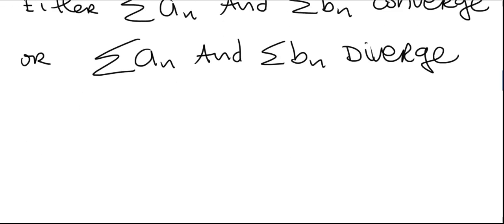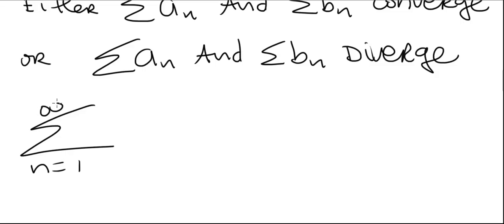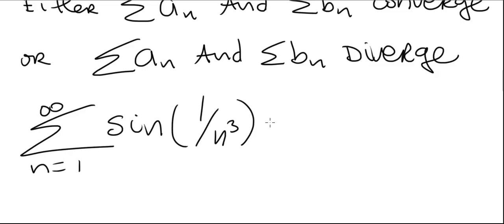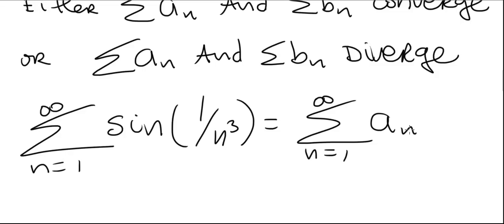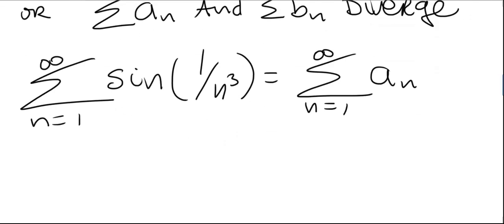So now we'll take the series n equals 1 to infinity of sine of 1 over n cubed, and we'll call it the a sub n series, the summation from 1 to infinity of a sub n. And the question is, what should we select for the b sub n series? It has to be a known series, and it has to make the limit positive and finite.